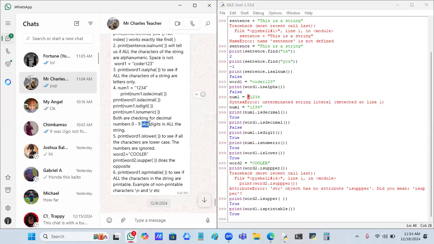Have you written it down? Yes. I'm writing the note for is. Okay, so you know what to do for is upper, isn't it? Yes. It returns true if all the characters in the string are uppercase.